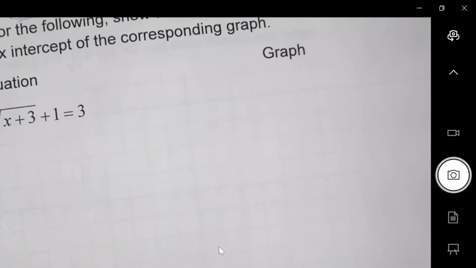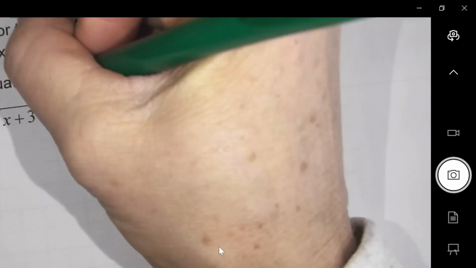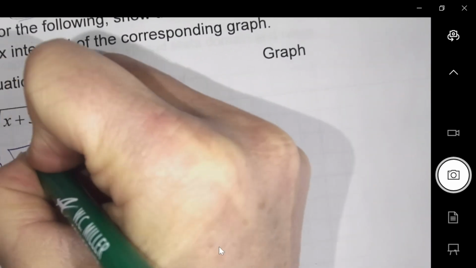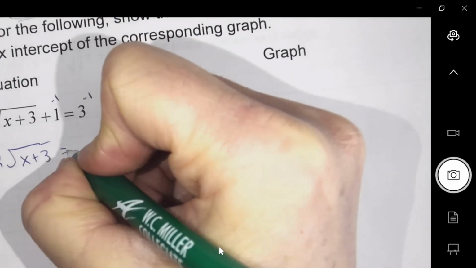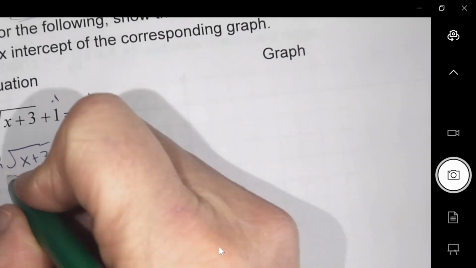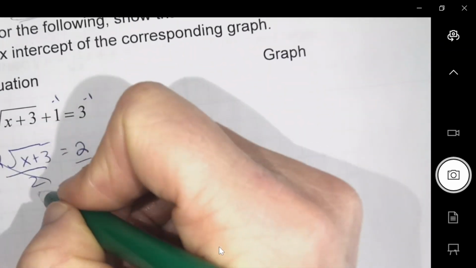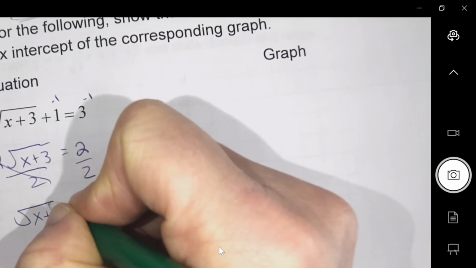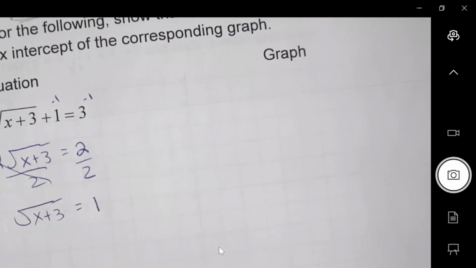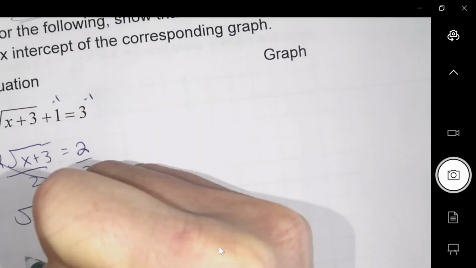Okay, solve. So you need your algebra here. We're going to subtract 1. Then I'm going to divide by 2. Now I'm going to square both sides.